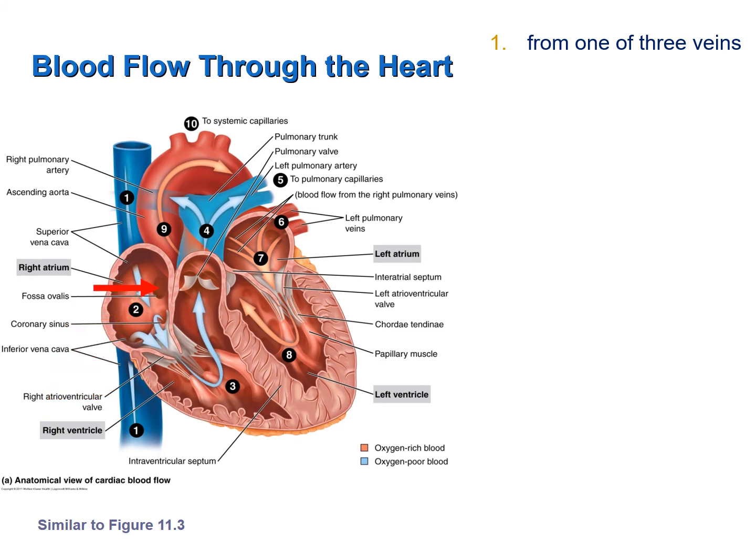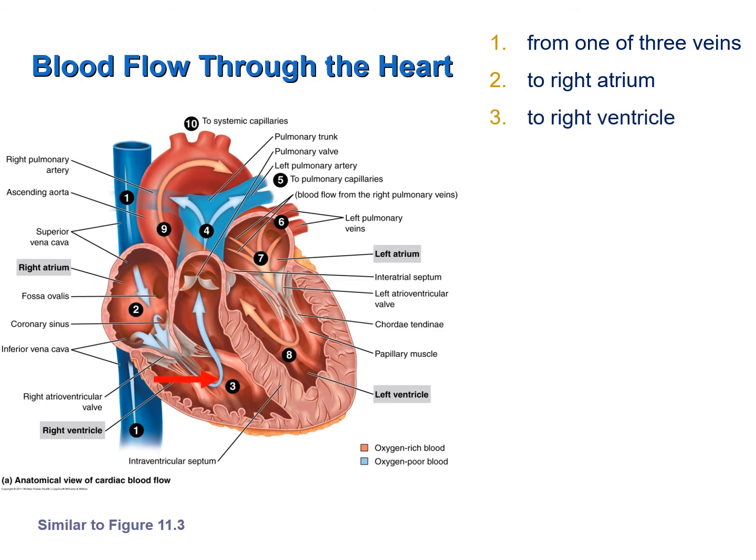And this opening here represents the third vein that's returning deoxygenated blood to the right atrium from the coronary circuit. So we have deoxygenated blood entering the right atrium through these three veins. From there, deoxygenated blood is moved into the right ventricle.